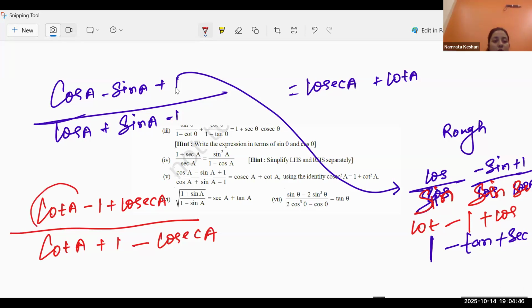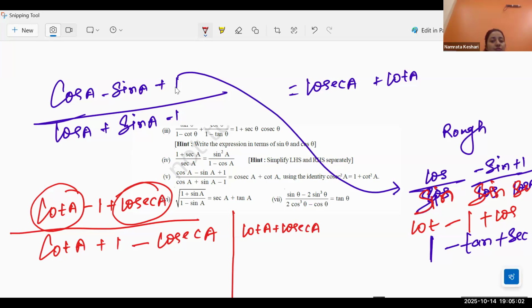Now how will we work on the numerator? We will keep this cot and cosec together, and at the place of this 1, minus 1, we are going to use the identity, that is cosec square a minus cot square a.